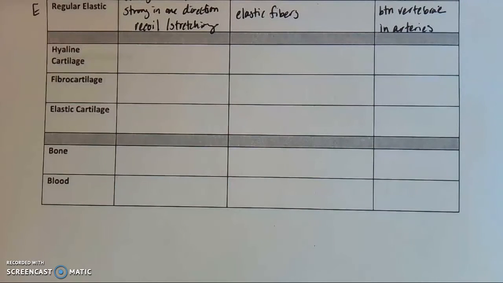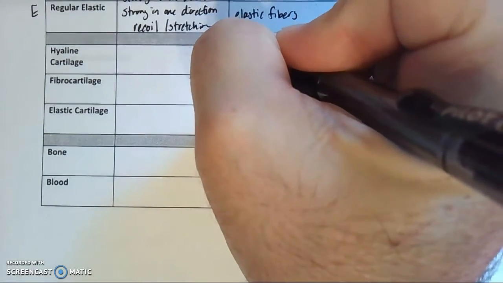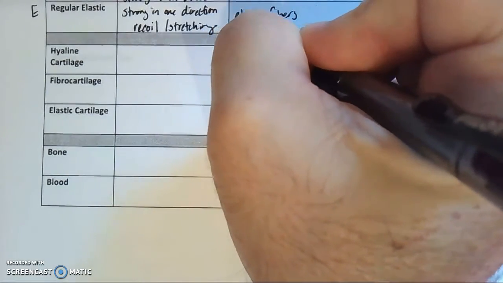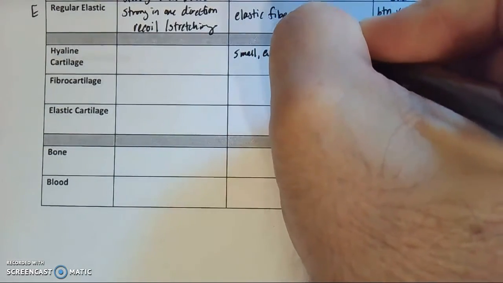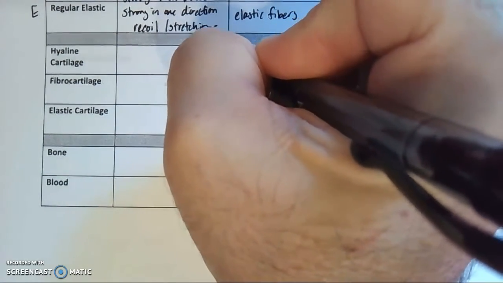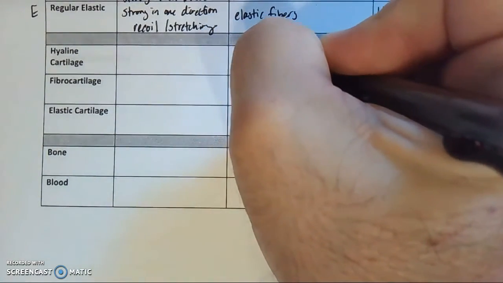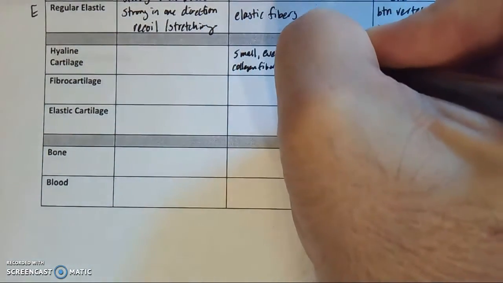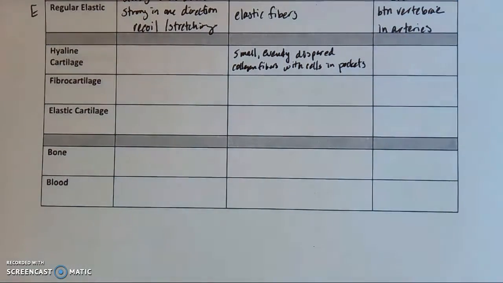But hyaline cartilage is very common in our body. Here we have small, evenly dispersed collagen fibers with cells in little pockets within the tissue.